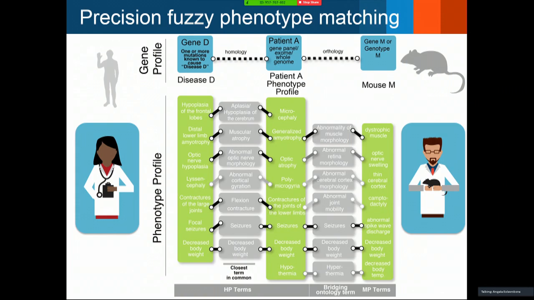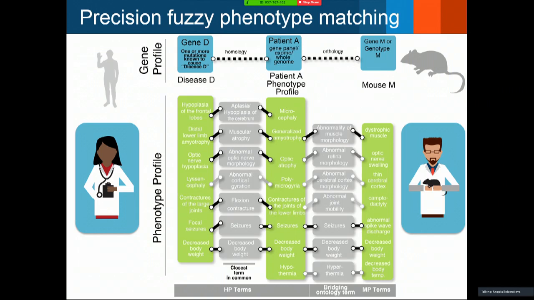And in cases where we don't find one that's a known disease, we go to the model data. And so over here, our patient with, I'm having a hard time reading upside down, generalized amyotrophy might be related to dystrophic muscle over here with a term in common, abnormality of the muscle morphology.